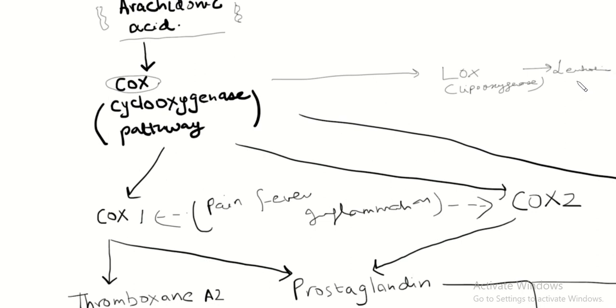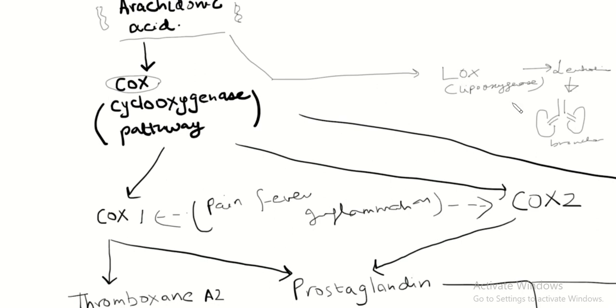So we'll start with the easy one, which is leukotrienes. What do leukotrienes do? Here you have your lungs, and their big function is bronchoconstriction. Again, you have the arachidonic acid, and it goes through two pathways, COX and LOX.